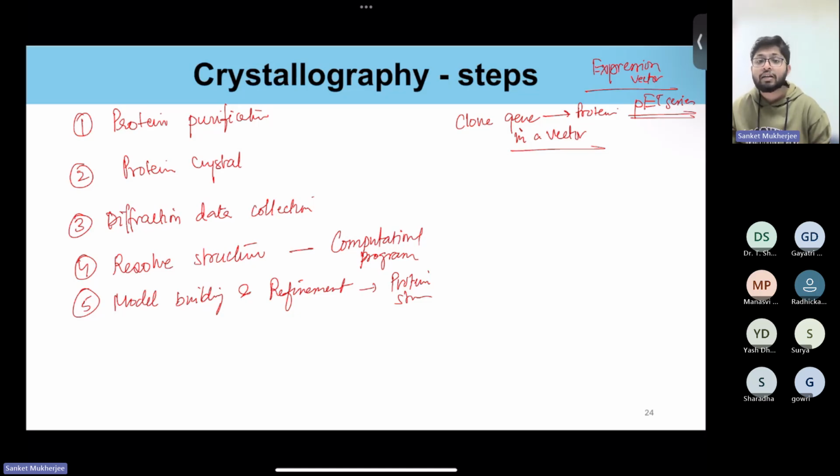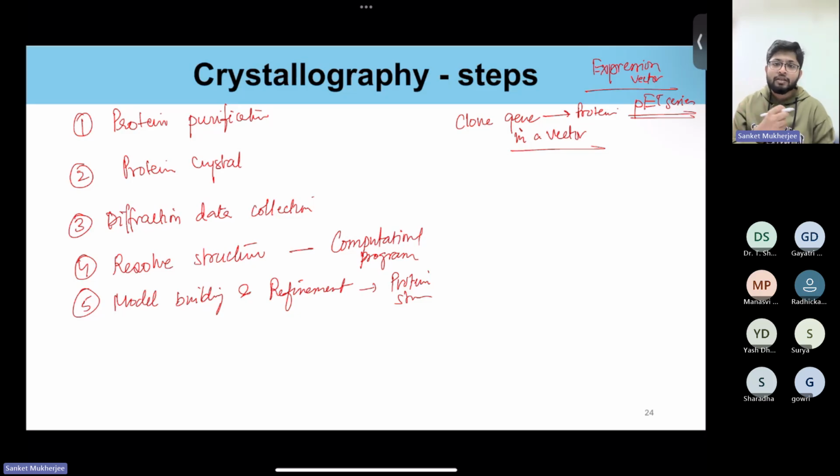Certain proteins are, let's say, cytosolic proteins, so they can be easily expressed. Certain proteins are encoded using rare codons. In that case, you require those rare codons to be present in your bacteria. So these are usually bacterial expression systems.